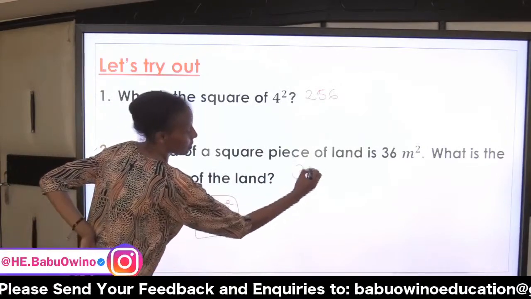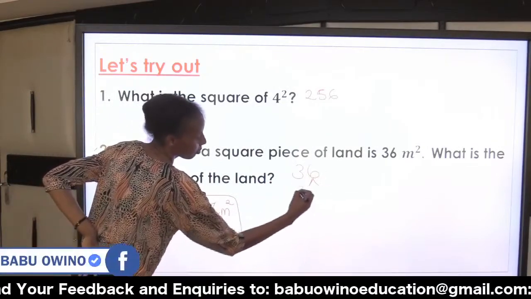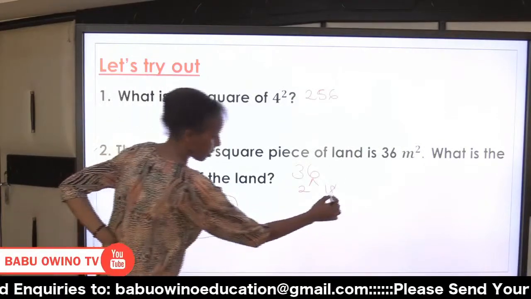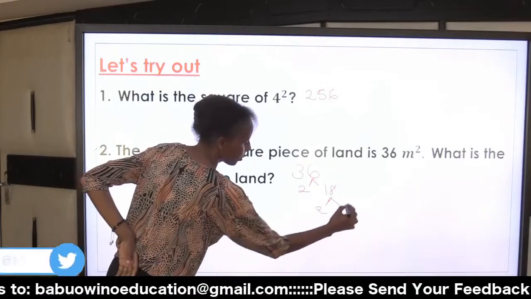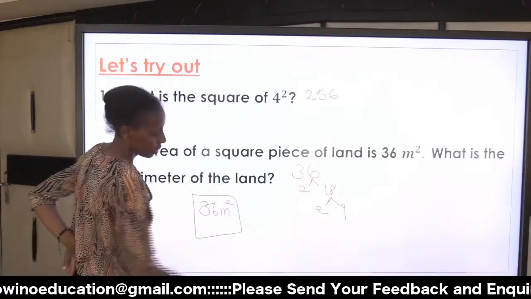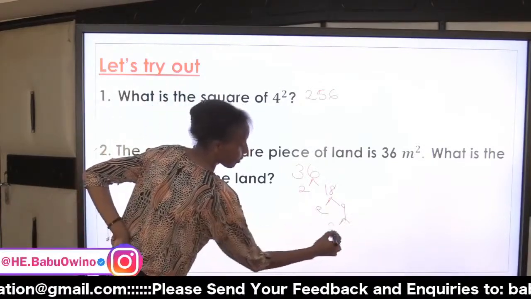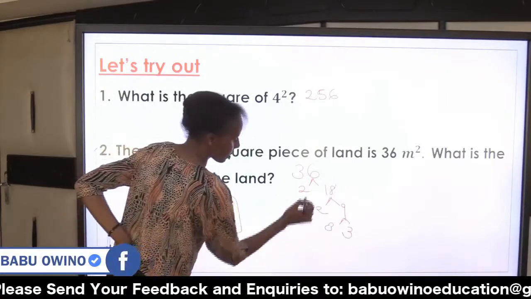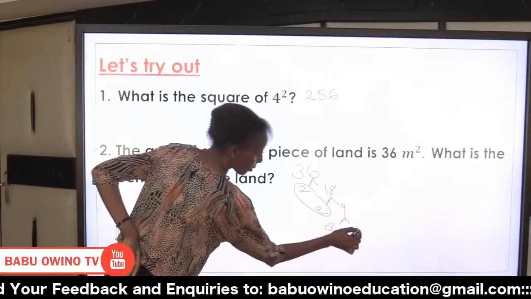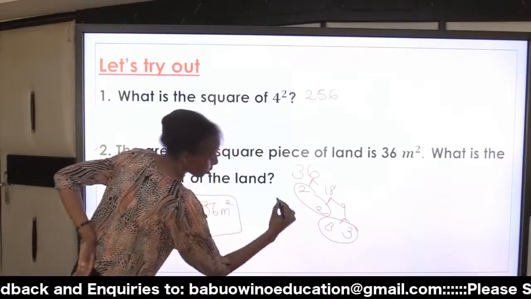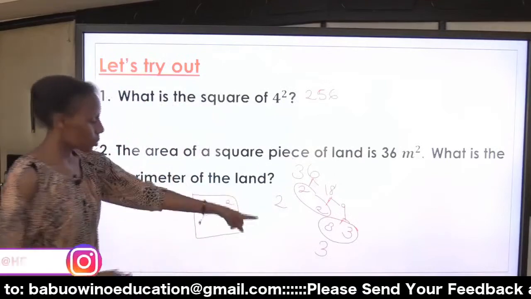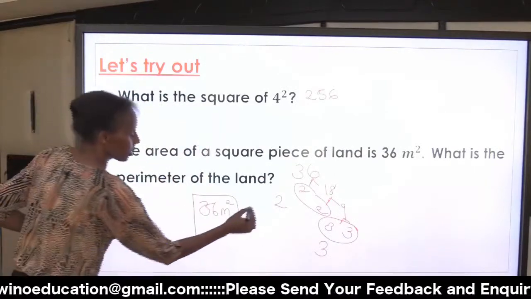So we have our 36 here by 2, 18 by 2, 9 by 3, 3. So 2 times 2 times 3 times 3, I can pair those, and I pair this, so that I pick 2 here and I pick 3 here. So 2 times 3 is 6.